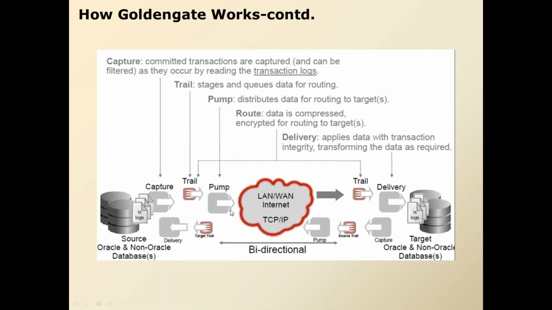However, remember these capture, pump, delivery processes are independent of each other. That is, the capture and pump of site A have a corresponding delivery process on site B. Similarly, capture and pump of site B have a delivery process on site A, and all these processes are independent of each other.